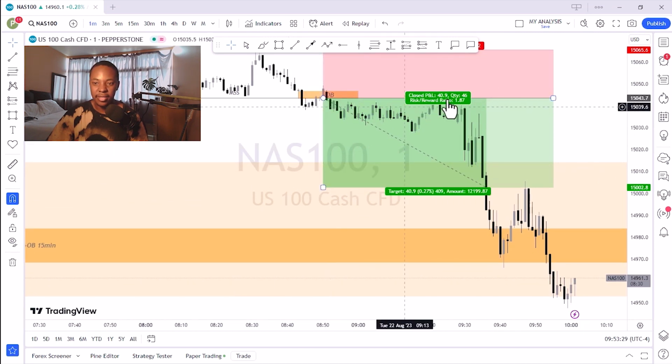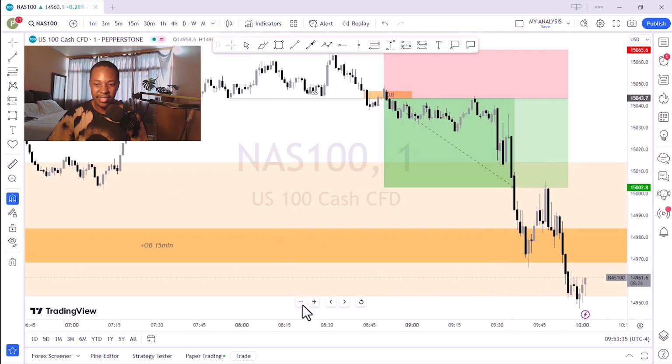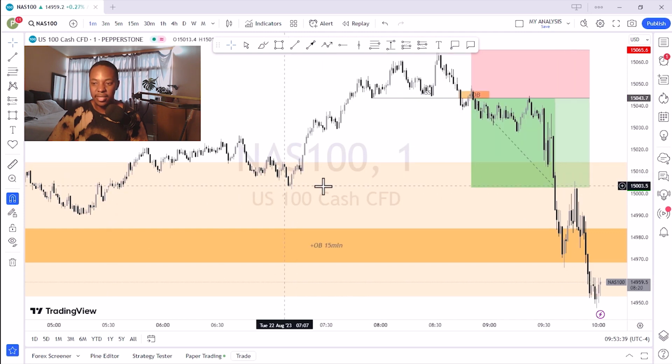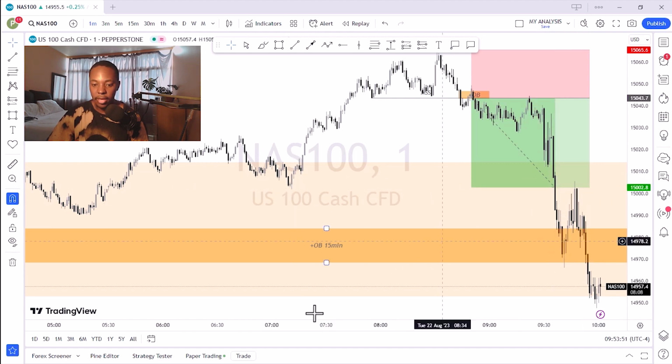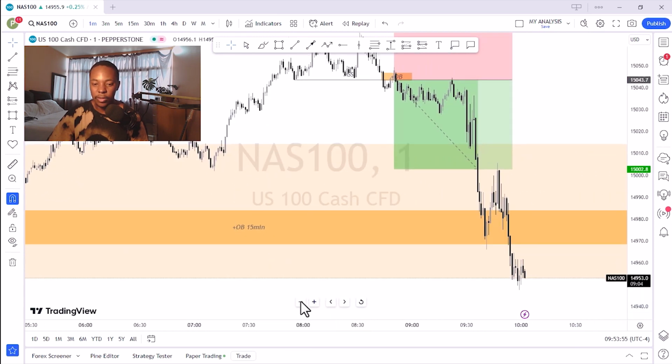It did respect, and then we went into profit. I was targeting the sell side here. As you can see, it hit TP, went back up into this order block, 15 minutes, went back to retest the sell side, which is also a fair value gap here, a CB, and then it just went down, but I already closed my profit.